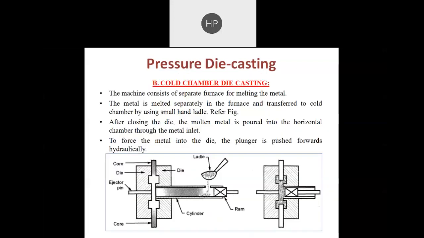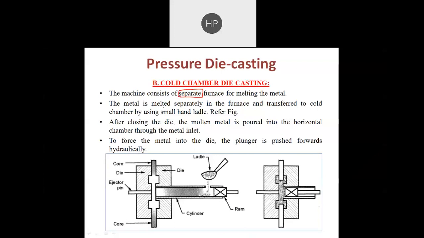Now in this lecture we are going to talk about cold chamber die casting. As we told earlier, cold chamber die casting consists of a separate furnace for the melting of the metal, while in hot chamber die casting it is an integrated part of the machine itself.